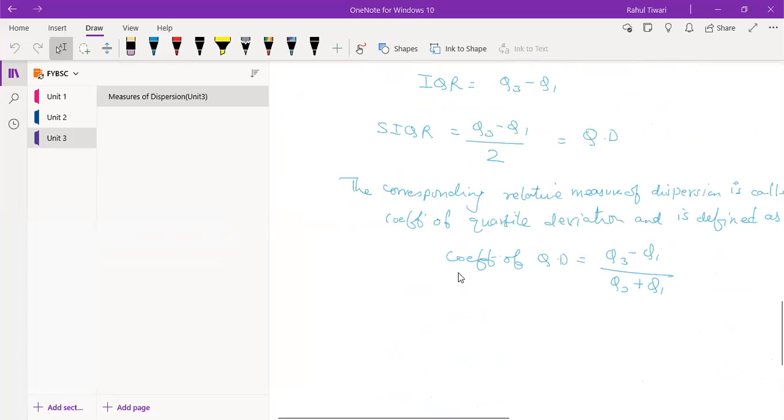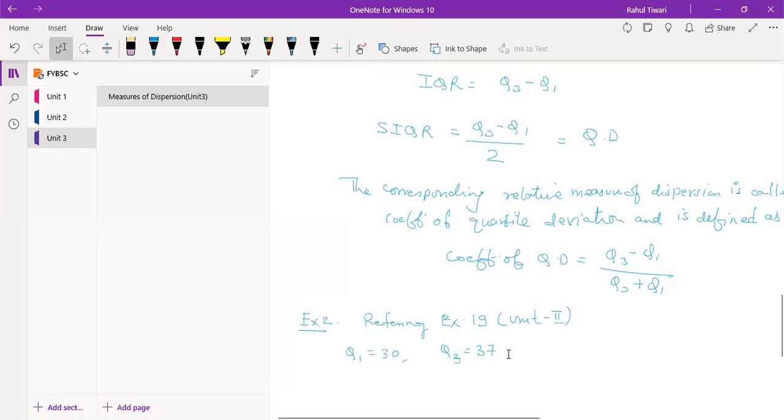Referring to example number 19 of unit 2, you may get Q1 is 30 and Q3 is 37.